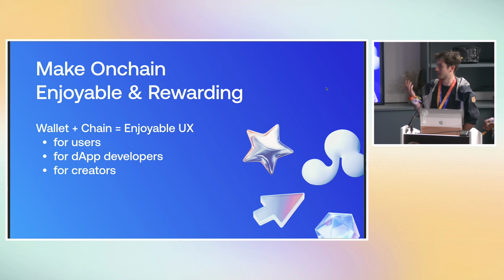And we decided that our goal is going to be to make being on chain enjoyable and rewarding for everyone involved in that journey. And we identified 3 groups: the dApp developers, people who create stuff; creators who produce content using dApps that other developers build; and of course the end users who benefit from using all of that. And we wanted to make it enjoyable for all the involved parties to be there.